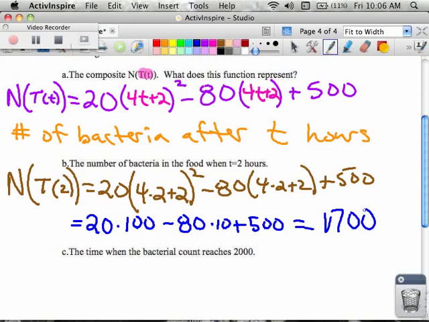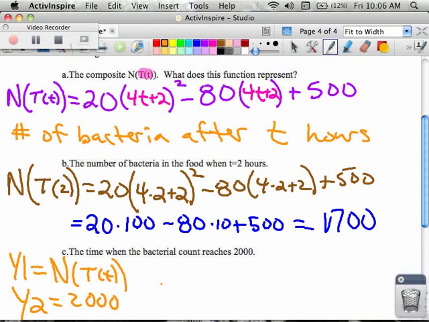On the other hand, I don't think I would do letter C without a calculator. In that one, I think what I would do is say y1 is equal to whatever you had for N of T. So type that in your y1. And in y2, you're going to put down 2,000.